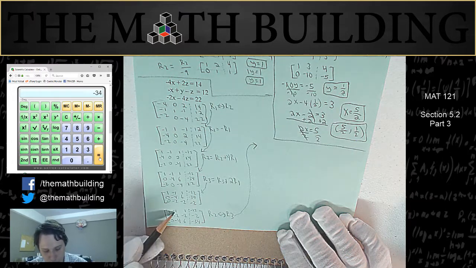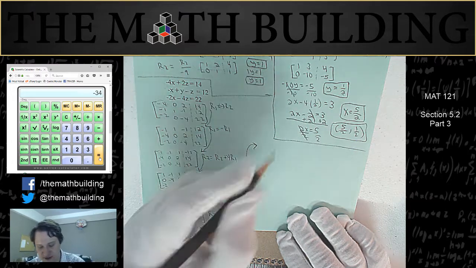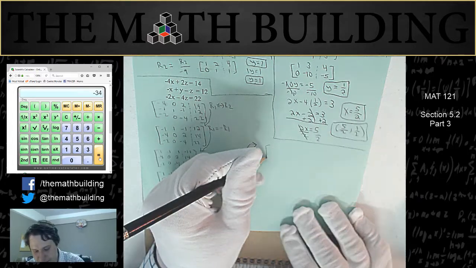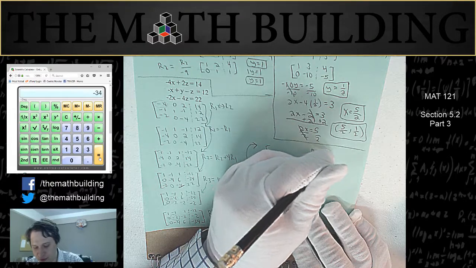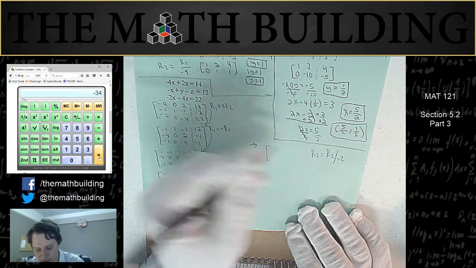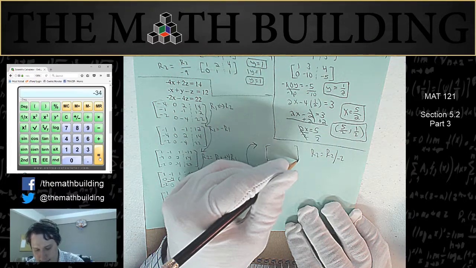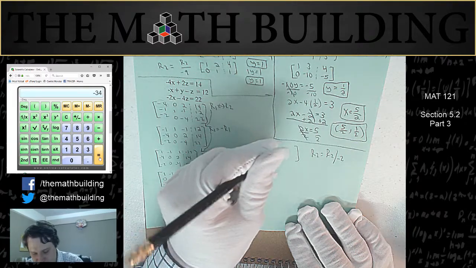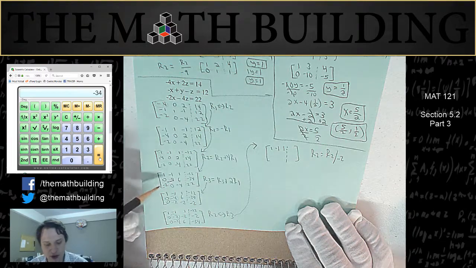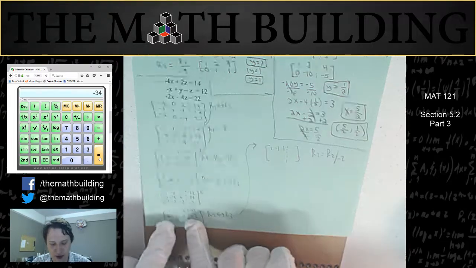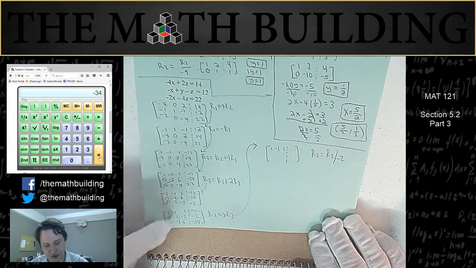Again, we want a 1 right here, and we can do that by dividing by -2. So row 2 equals row 2 divided by -2. Row 1 stays the same. Now, by the way, you could have done these 2 steps at once, and that would have saved a little bit of space.